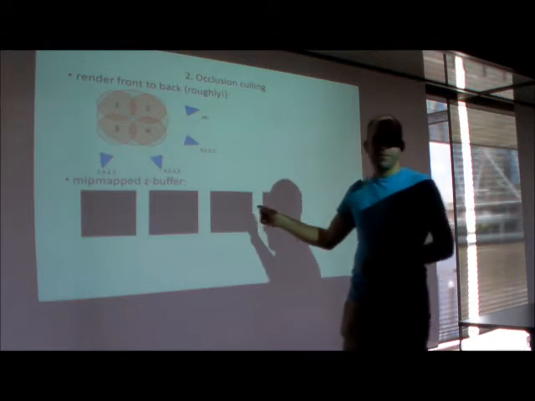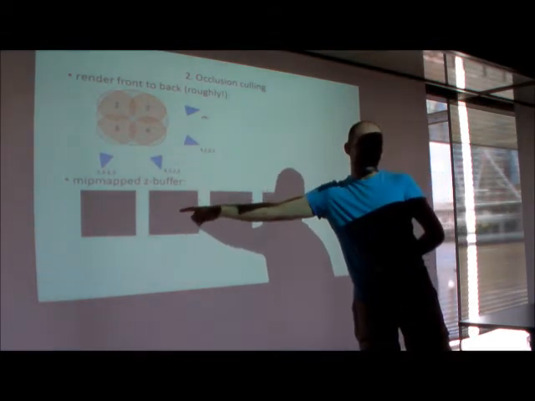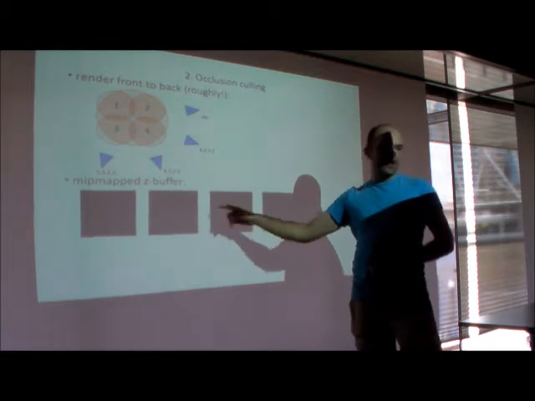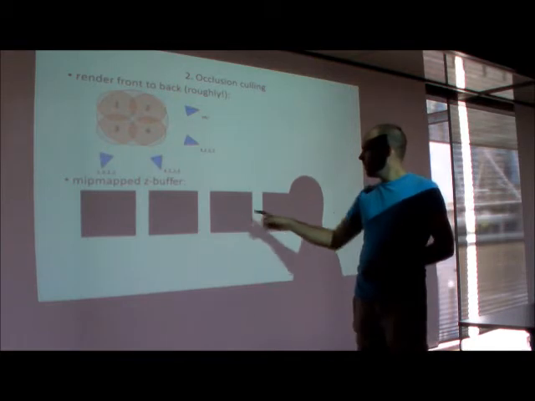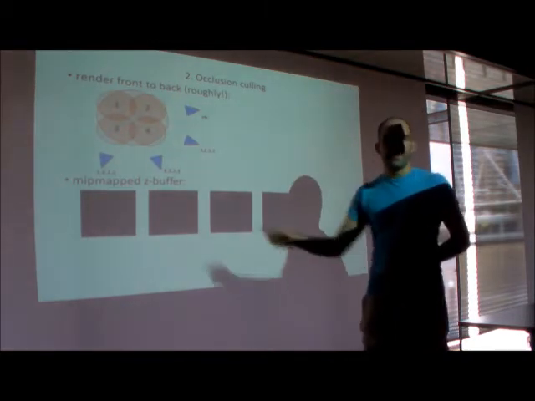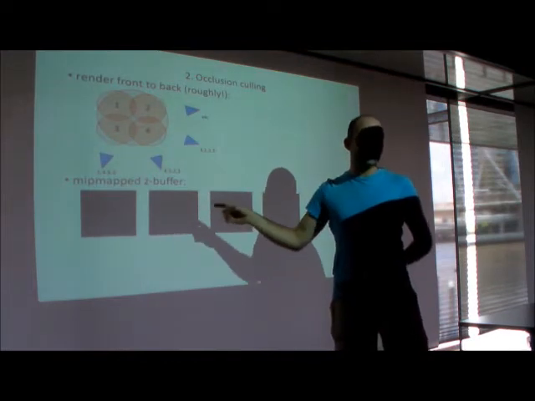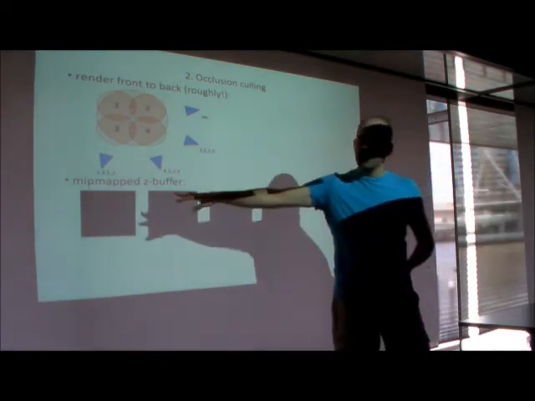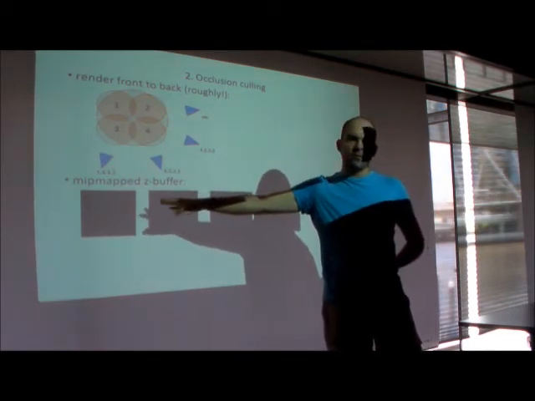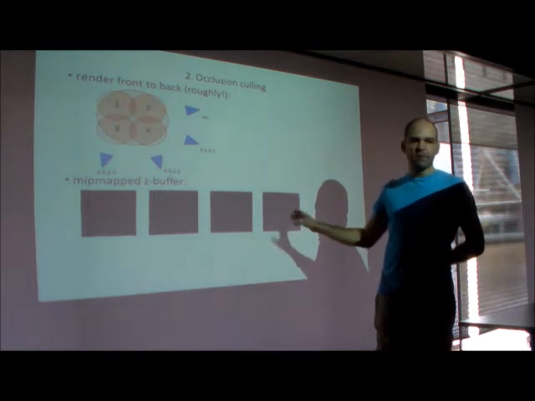And then that recurses down. Again, if you've actually changed this pixel, then you go to the next resolution down, and you update it if it's further away. All the way down, but most of the time, whenever you change a pixel, you'll only do a couple of recursions. And what you end up with is a high resolution Z buffer here, very low resolution Z buffer down this end.